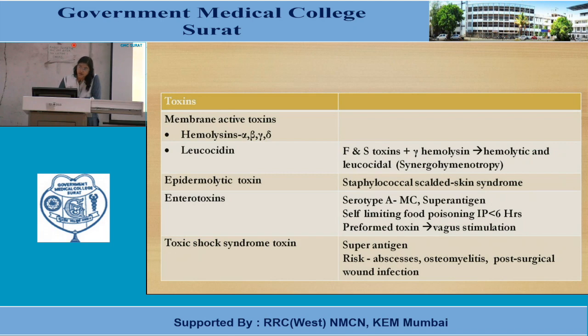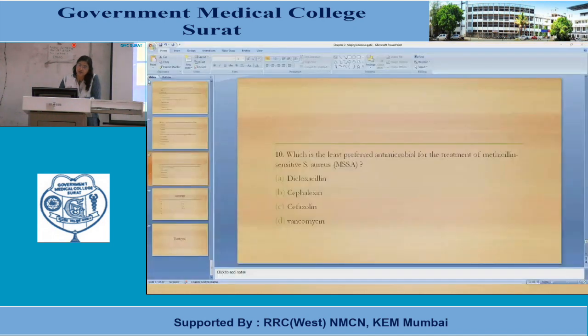This enterotoxin causes staphylococcal food poisoning, which is a self-limiting food poisoning, and incubation period is very short, around 1 to 6 hours, because of the preformed toxin present in the food. And this preformed toxin causes vagal stimulation, leading to nausea, vomiting, and sometimes diarrhea.